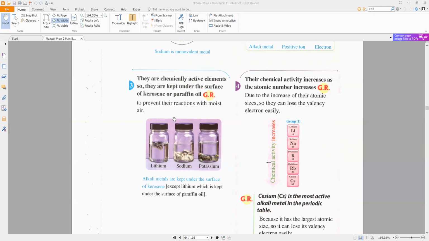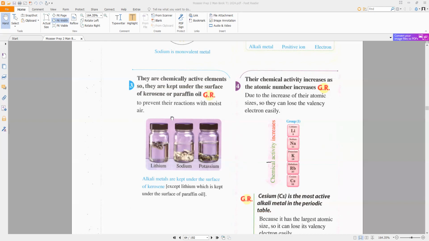So when we keep this element in a liquid, it must sink in it, not float. So we keep lithium under paraffin oil, but sodium and potassium we keep under kerosene.